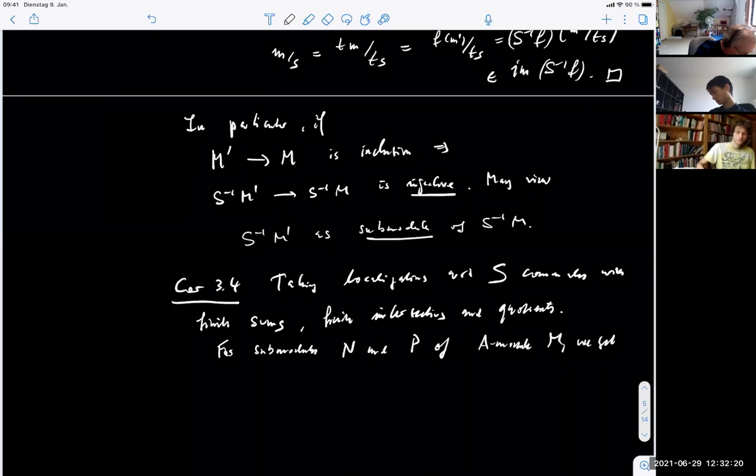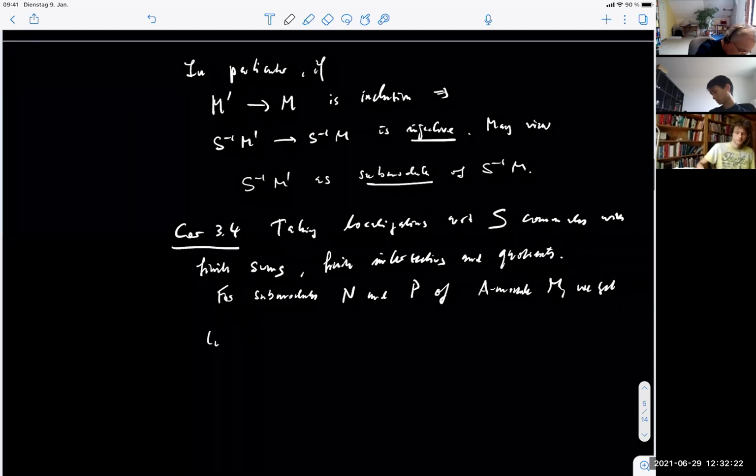We get the following. I can form N plus P, so it's a sum. It's a submodule. I localize it, and I view this as a submodule of the localized module.